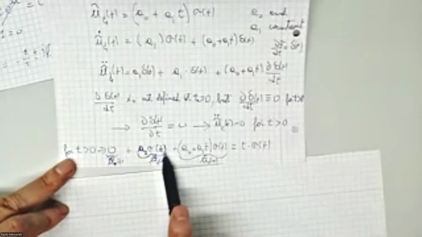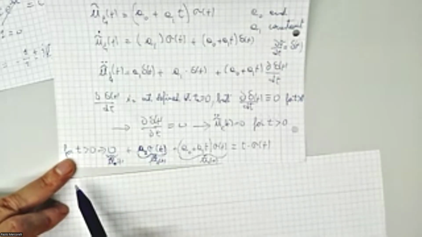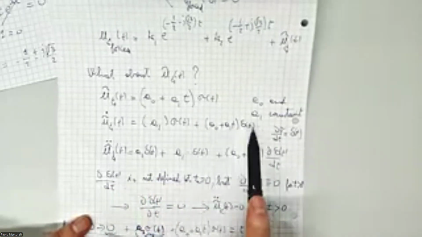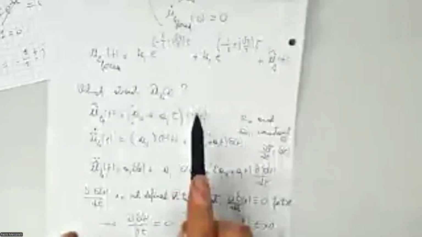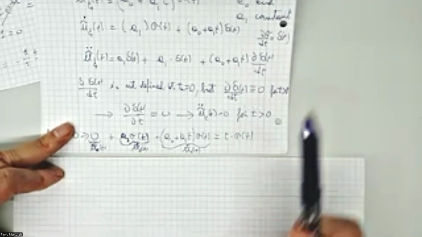This part here is basically this here, because this is 0, no? And this part here is this, equal t multiplied sigma. As I told you last time, that's easy to calculate.